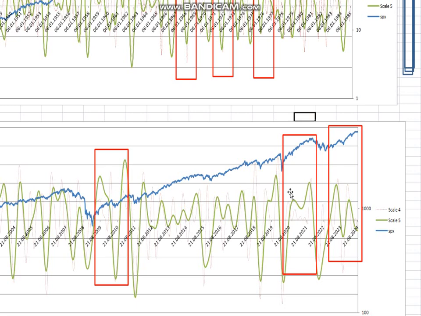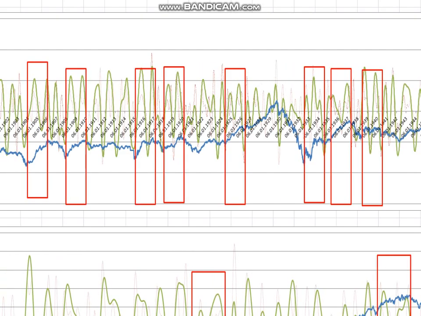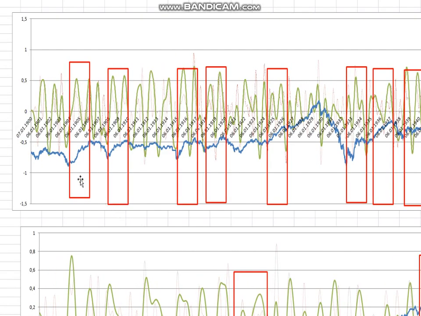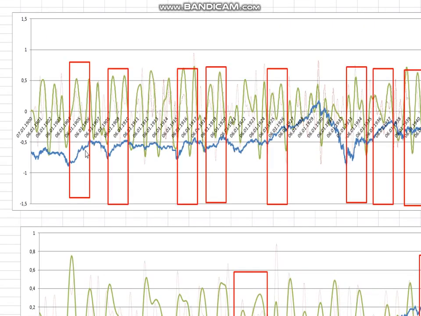So these ABC bull markets, they are typically short bull markets of around 2 years, and we see many of them through history. These bull markets are not always perfectly aligned with the theoretical 3.5-year cycle. So I've been measuring all of these ABC bull markets, where we have A, B, C, and I'm measuring from the B low.